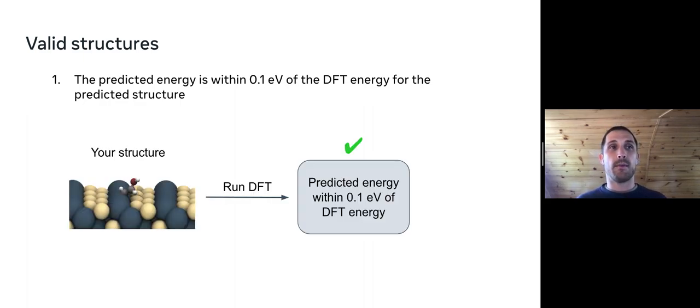Essentially, if this is the structure that you ran your energy prediction on, we're going to take that exact same structure, run a DFT single point on it, and then check that your predicted energy is within 0.01 eV of that DFT single point. If it is, then it's considered valid.